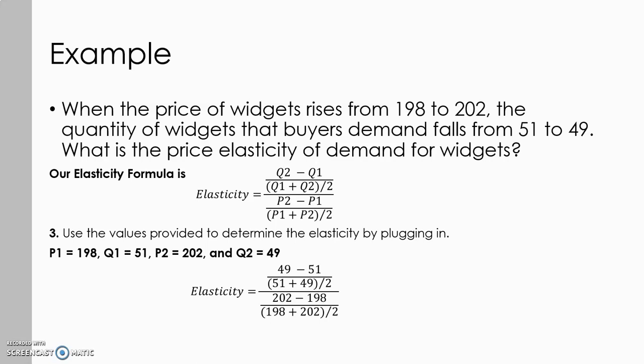We can also rewrite the denominator of that top fraction, Q1 plus Q2 divided by 2, as 51 plus 49 divided by 2. Our initial price was 198, and our new price is 202. So the numerator will begin with 202 minus 198, and then downstairs we'll need 198 plus 202 divided by 2.